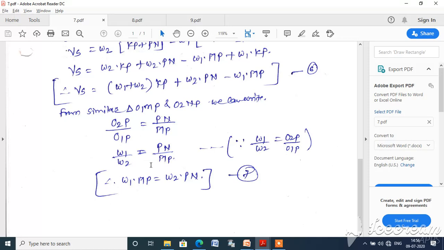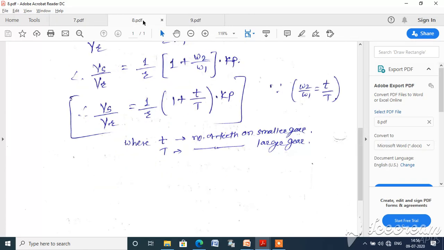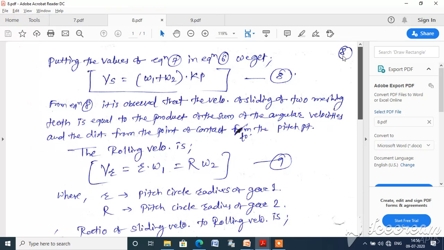Just rearranging this equation, omega 1 into Mp is equal to omega 2 into Pn. Then putting the value of equation 7 in equation 6, we finally get velocity of sliding is omega 1 plus omega 2 into Kp. This equation is a very important equation.